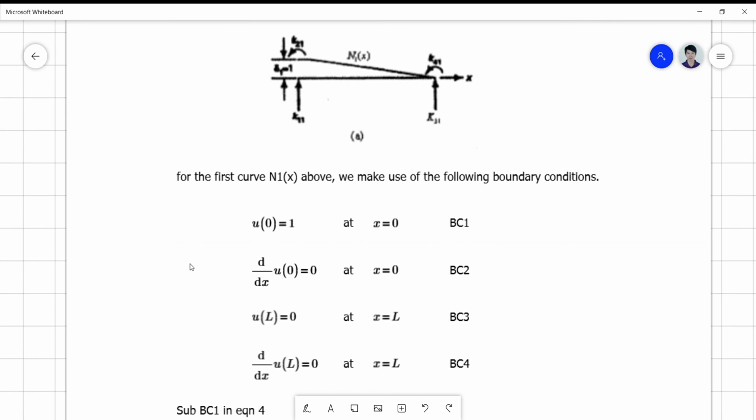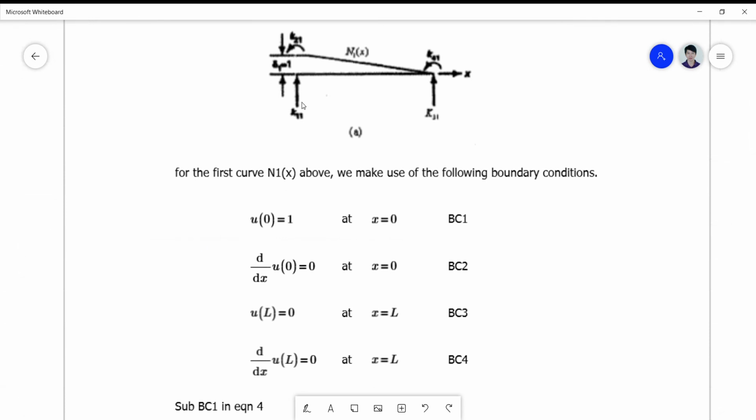Take note that the boundary condition for your first is such that your deflection at x equals 0 is equal to 1, as given, and your slope is also 0 at x equals 0, and at x equals L, your deflection is 0, and so with the rotational slope theta, which is 0.